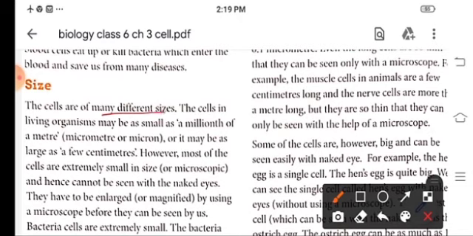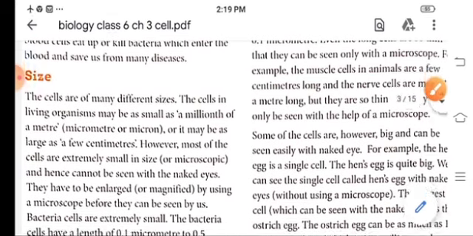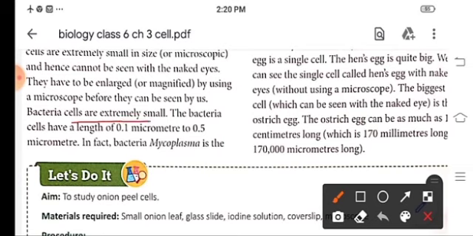Now the living cells may be small, which cannot be seen with our naked eyes, and they may be large, which we can see with our naked eyes. So the bacterial cell is an extremely small cell, and it has a length of 0.1 micrometer to 0.5 micrometer.